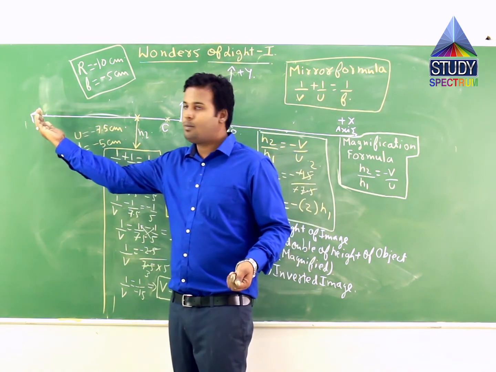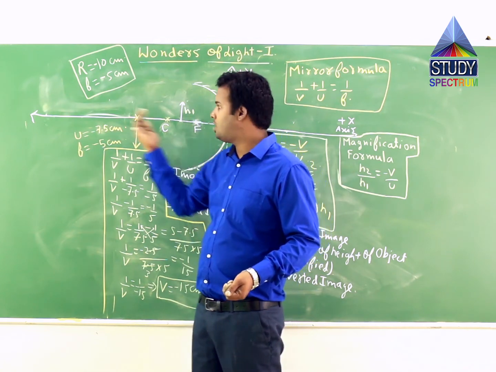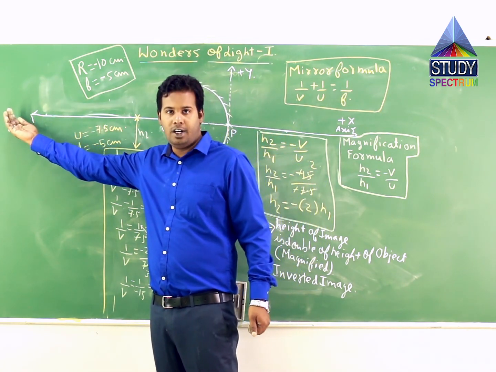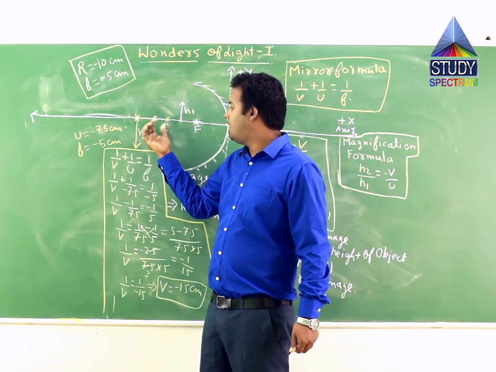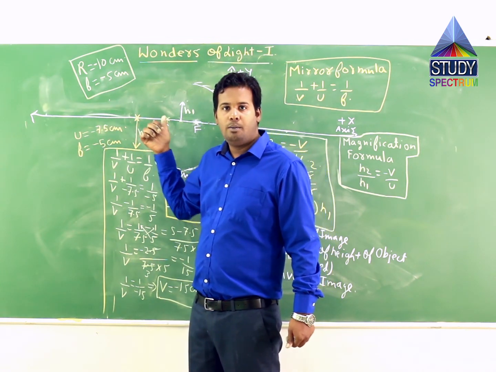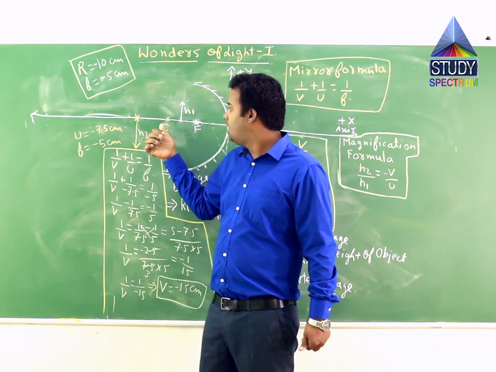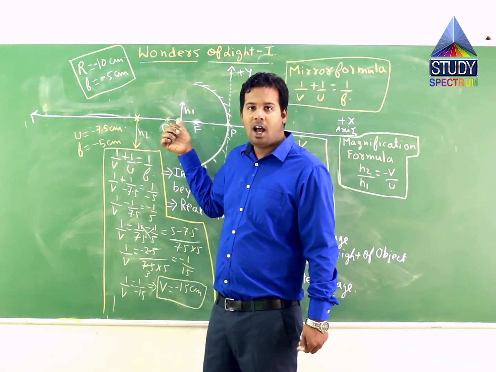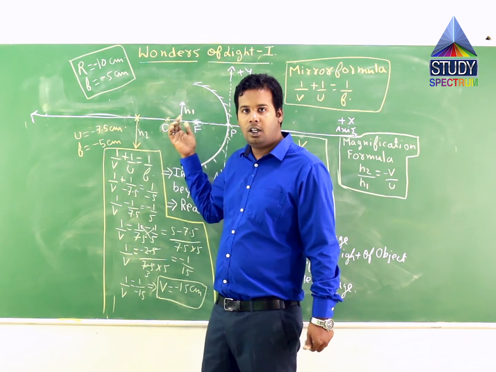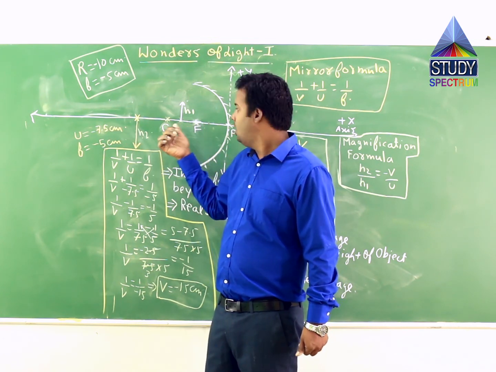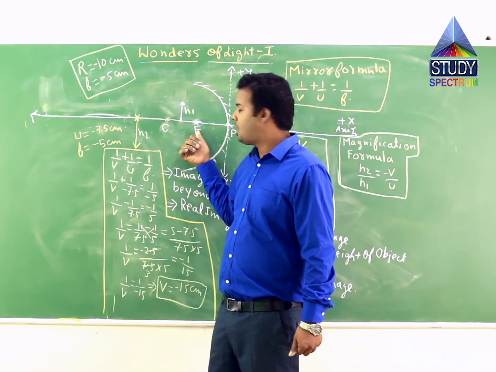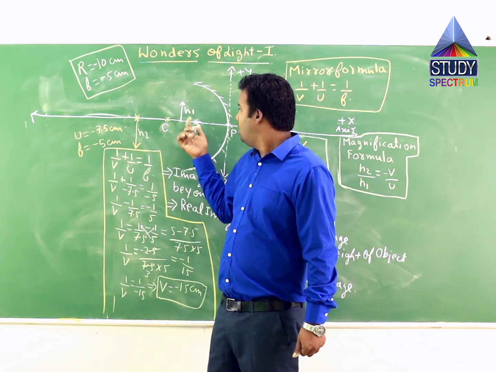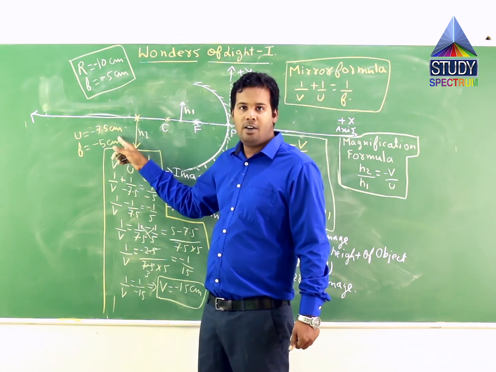Slowly and slowly we are moving towards the concave mirror. The first case was the object placed at infinity, then we moved it towards the concave mirror, and the second case was the object placed beyond the center of curvature. The third case was the object placed at the center of curvature, when we moved it further towards the pole of the mirror. And now the fourth case which we have done here is between the center of curvature and the focus point, that is u is equal to minus 7.5.